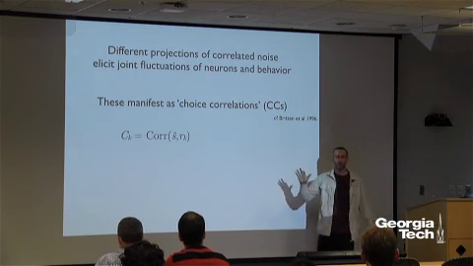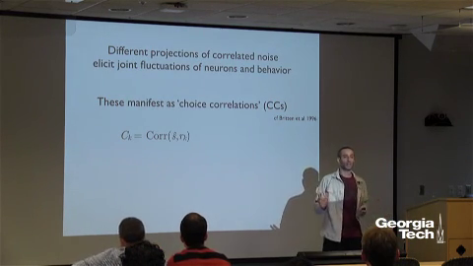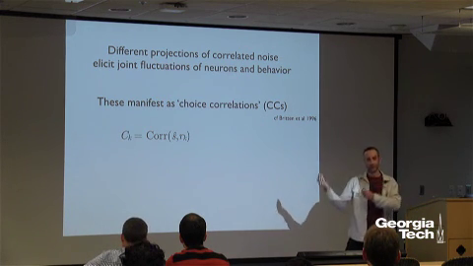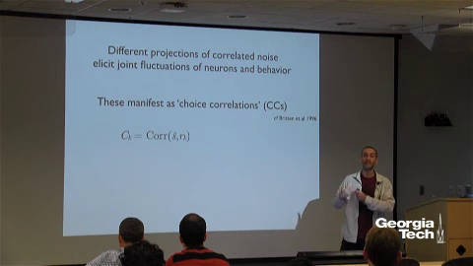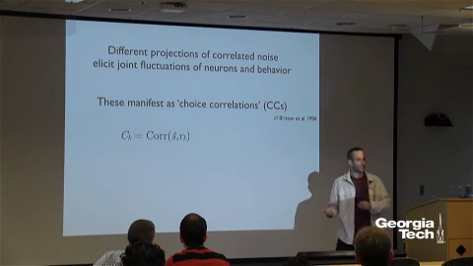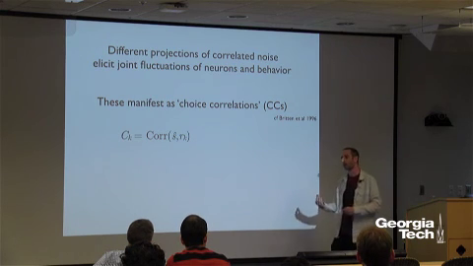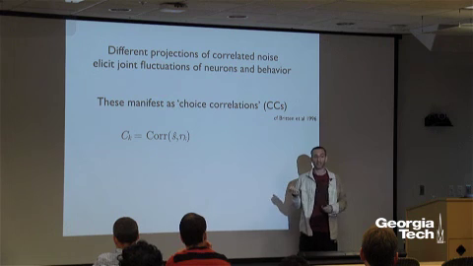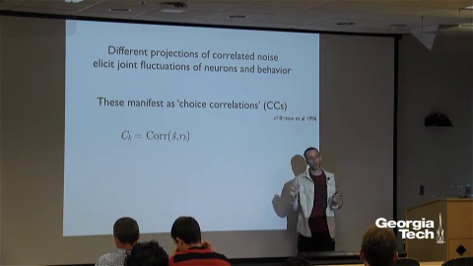Okay, so if we'd like to know something about that readout, that is, in this linear model, that is the decoder. And we'd like to understand the decoder, that is how the brain uses its information. So how can we learn about that? Well, one thing that people have measured in the past have been what they've called choice probabilities.